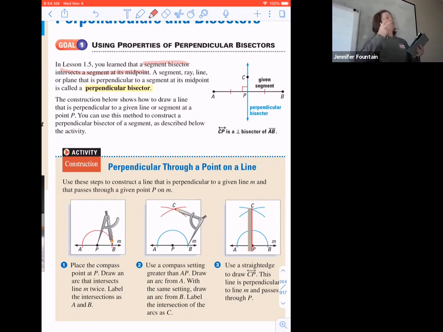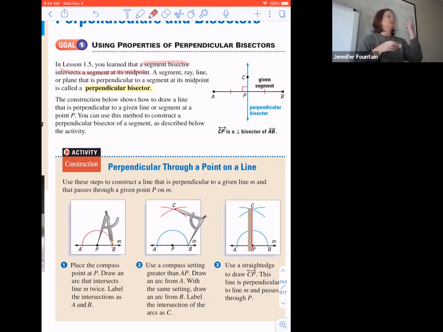So the two things to remember here, think about, what does perpendicular mean? What does it mean if they're perpendicular? They intersect at a right angle. Right angles are equal to 90 degrees. So I've got two lines that are going to intersect at a right angle, 90 degrees. And then what does the word bisector mean?